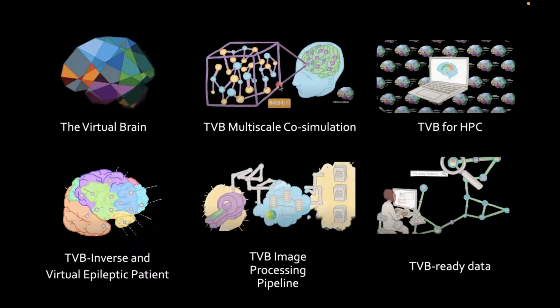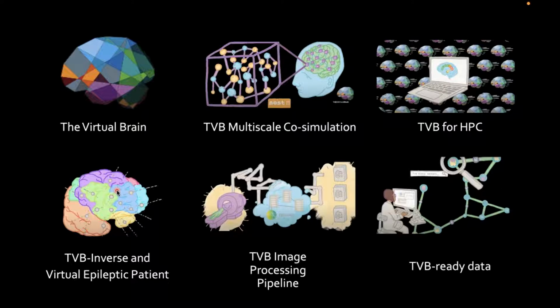And EBRAINS is one of these platforms that offers different kinds of services like data and knowledge, brain atlases, brain-inspired technologies like neurorobotics, medical data analytics, and also simulation services, which is basically what we are doing, the virtual brain and the virtual brain pipelines.